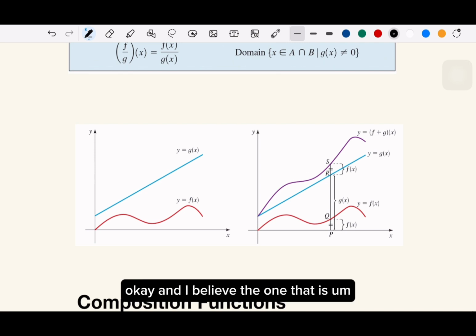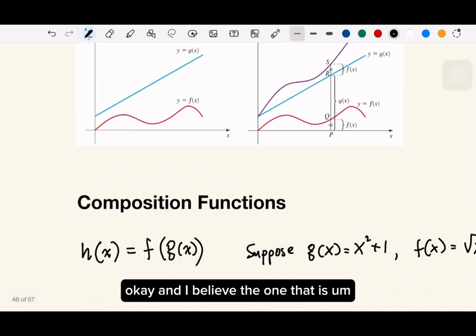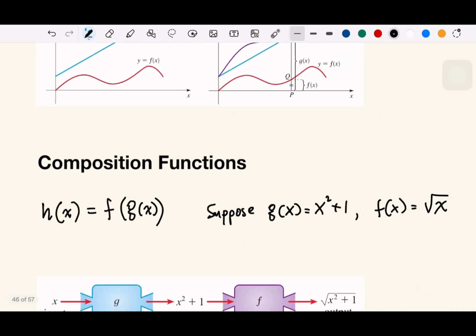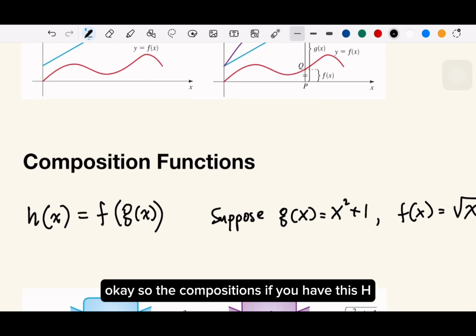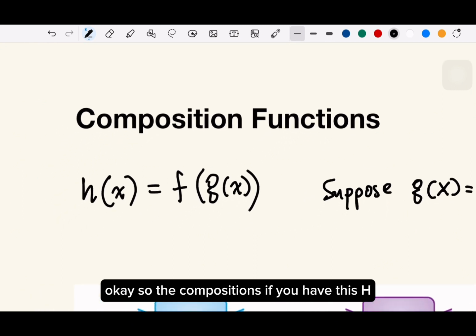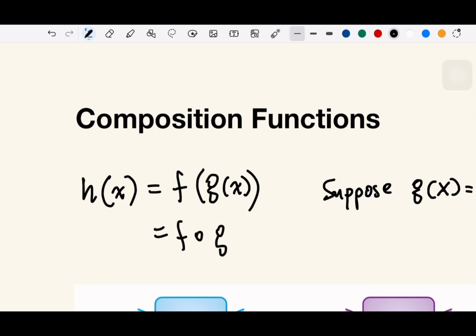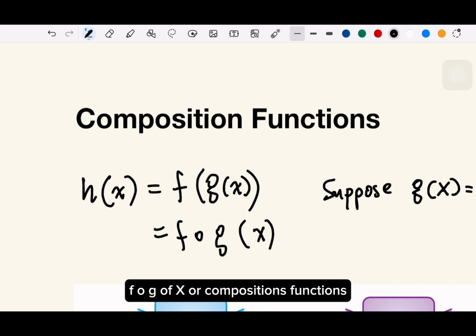Okay, and I believe the one that is related directly to your calculus is composition. If you have this h that is f of g of x, or sometimes we write f circle g of x, composition of functions.